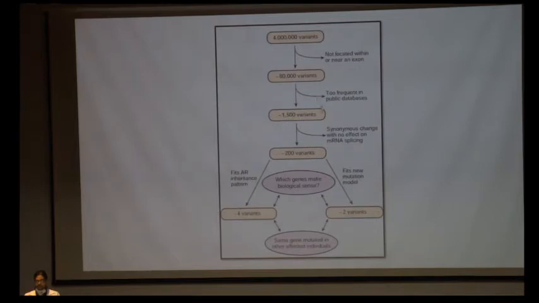We run a number of steps in which we first filter out the common variants based on public databases, then depending on the function of that region, and depending on the inheritance pattern, we try to cut it down to one or two which will explain the phenotype.